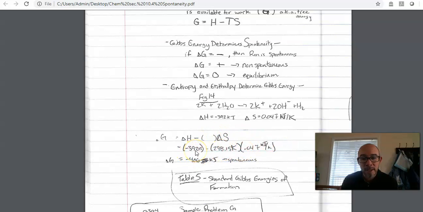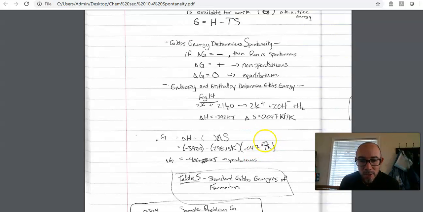So that's definitely spontaneous. These are in kilojoules, these are in joules. We'd move that decimal place over here and go 47 times 298, and we're taking that away from a negative 392. So we're definitely going to have some spontaneity there.